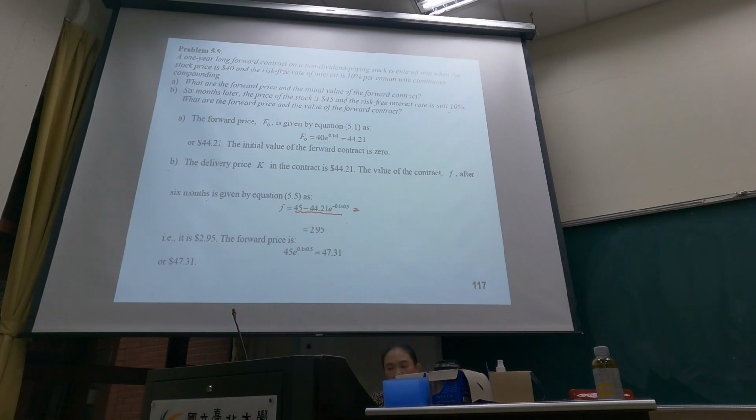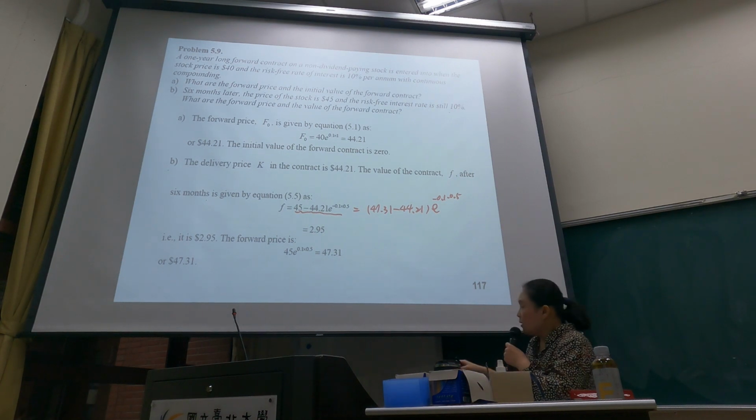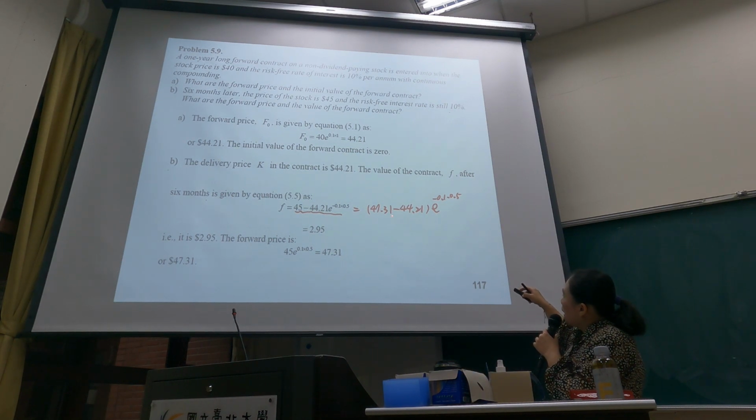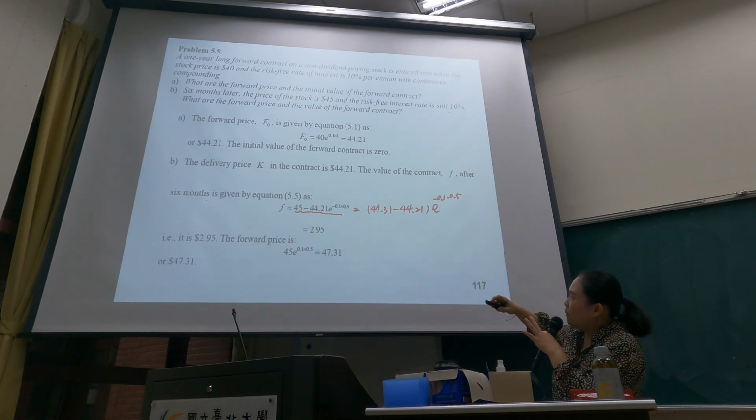So I'll write down here. Basically, here should be 47.31 minus 44.21 over e to the power of minus 0.1 times 0.5. But you see here, 47.31 times e to the power of minus RT is 45. That's why they open the brackets and put 45 here.